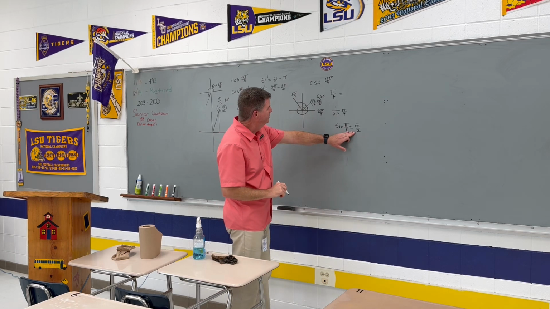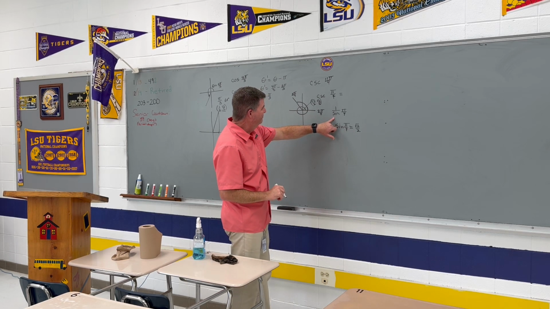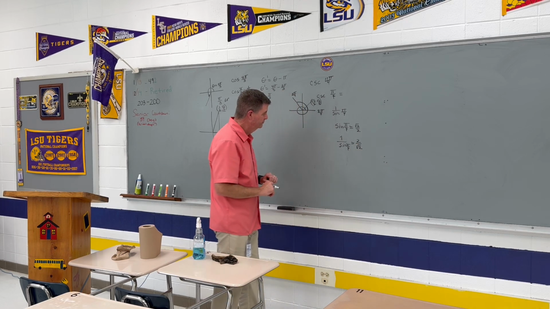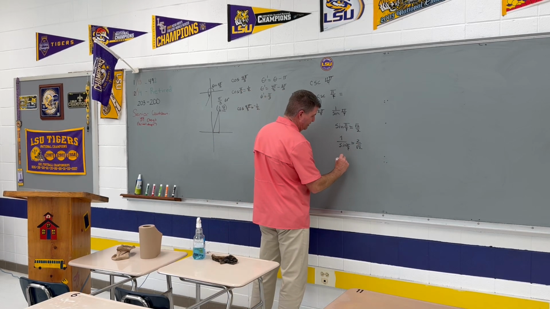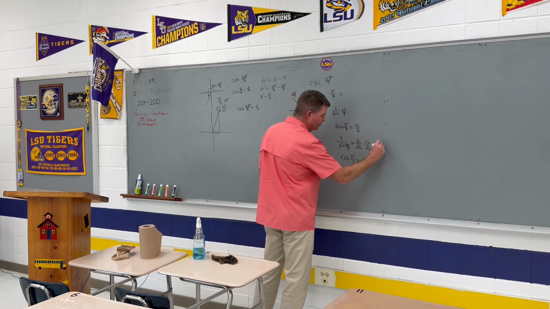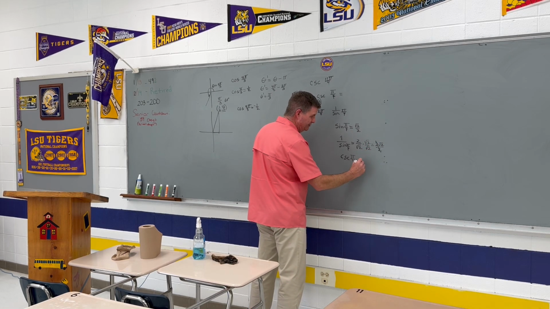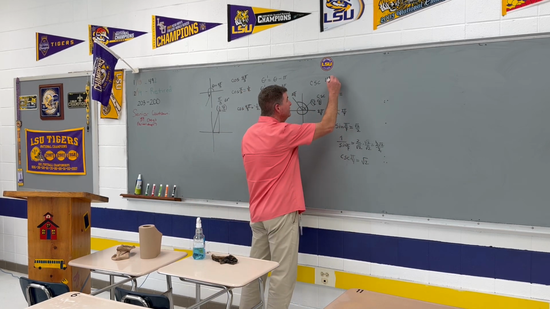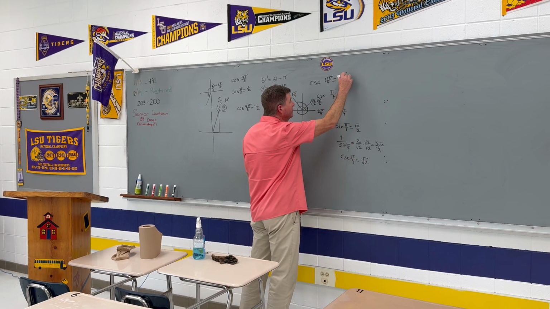The inverse of that is 2 over the square root of 2. Flip it. So the cosecant of pi over 4 is going to be, we multiply by square root of 2 over square root of 2, and we get 2 square root of 2 over 2. Cancel out the 2's, so square root of 2.